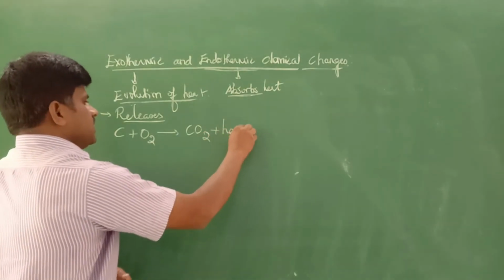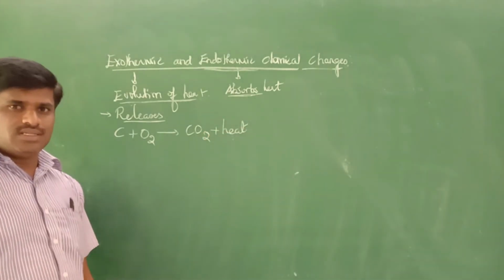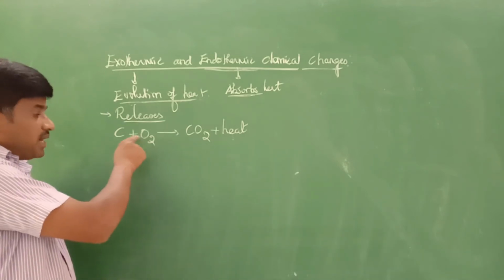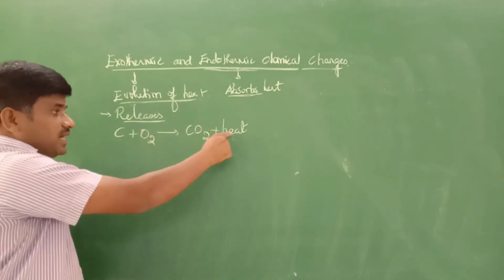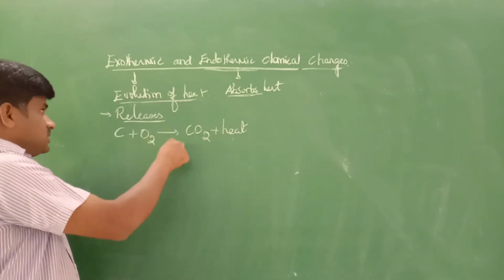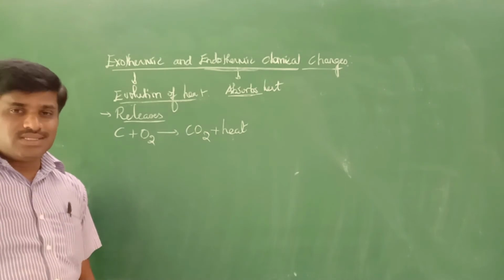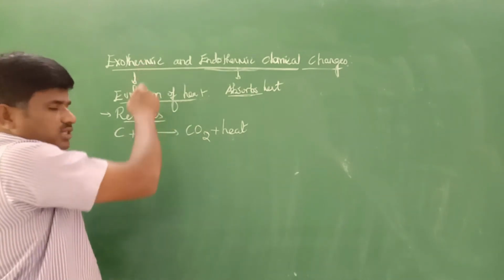This releases heat energy. Burning of coal releases heat energy, so these reactions are examples of exothermic chemical changes.